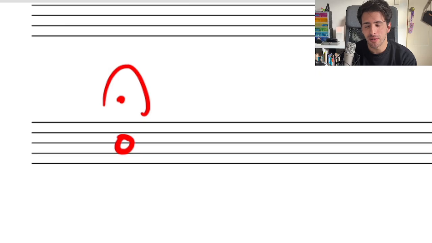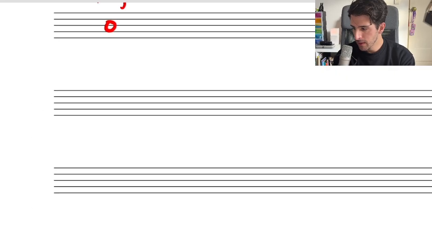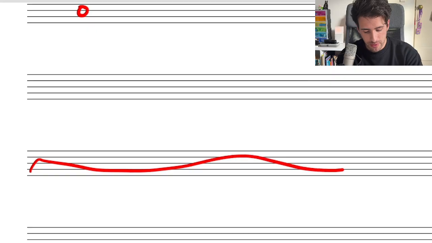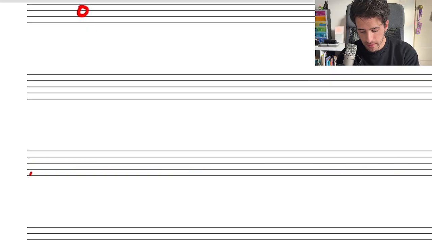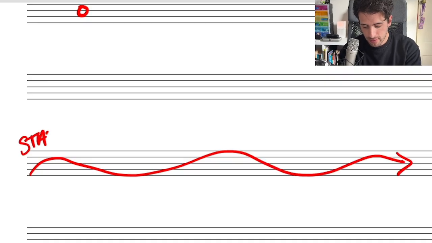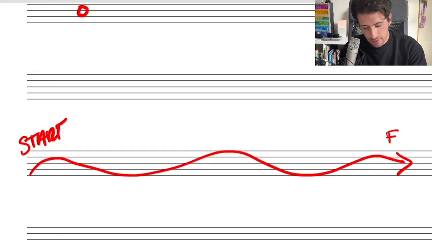But let's delve into del segno and codas because this can confuse people a little bit. Basically, let's say your music is one long line that goes from left to right. Okay, you got the start. Let me make this a bit smaller. You got the finish. Great.